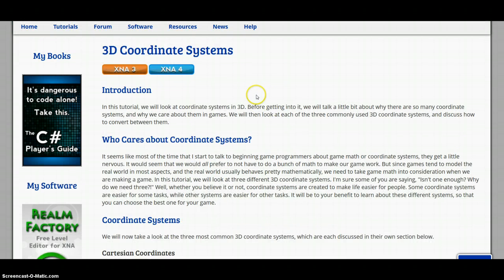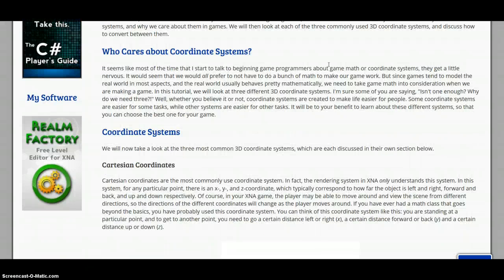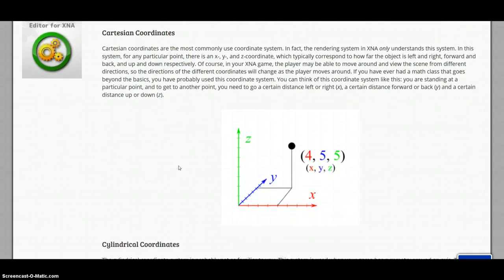I found there are at least 3 different coordinate systems used for representing 3D coordinates, and the most common is the Cartesian coordinates, which I think is mostly used and covers almost every system.